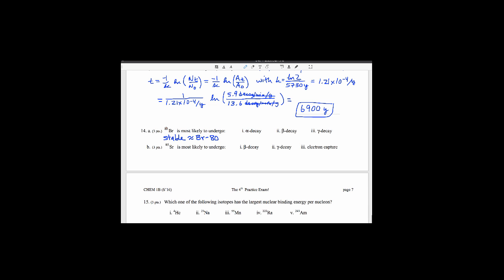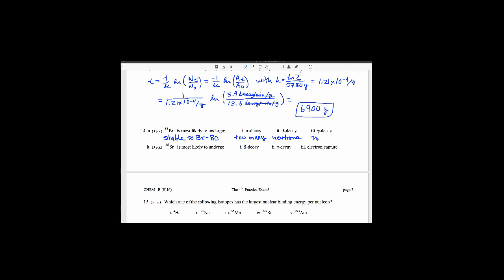Comparing 85 to 80, 85 is bigger, so the mass is due to more neutrons. So we would say that bromine-85 probably has too many neutrons compared to the stable isotope.